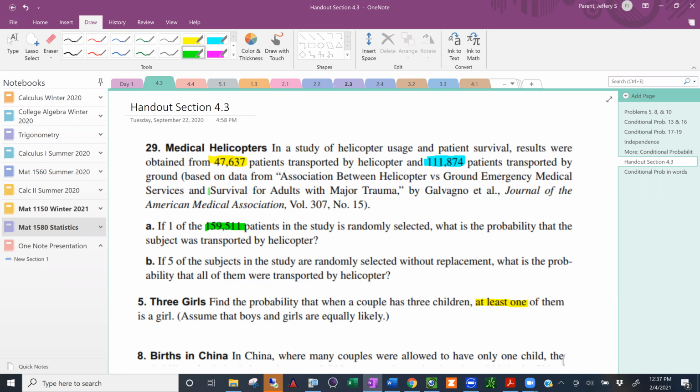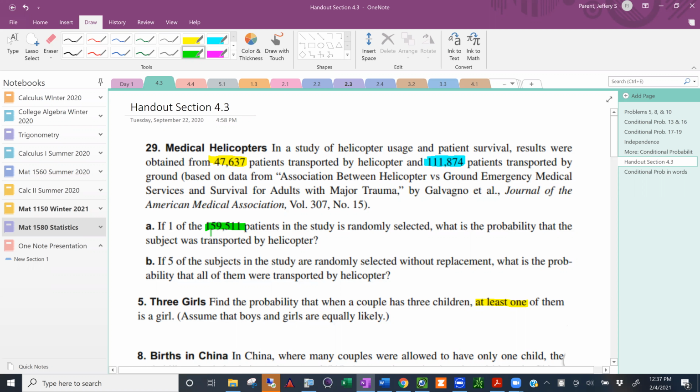What should I put in our numerator? No one? 47,637. Thanks, Don. 47,637. And there we go. So part A, we knocked that off.